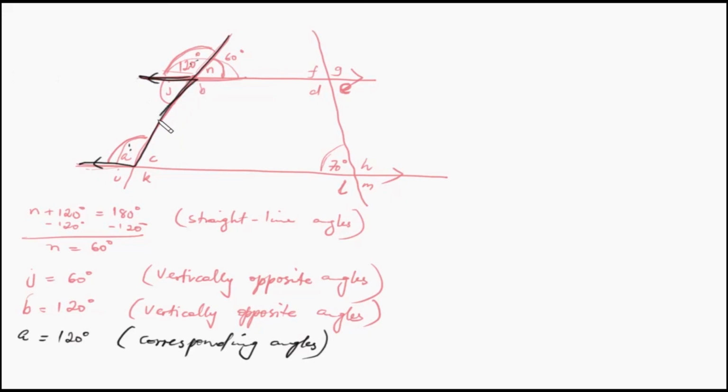We take this F here and say this angle is equal to this one. So if J is 60, then I is 60, corresponding angles.